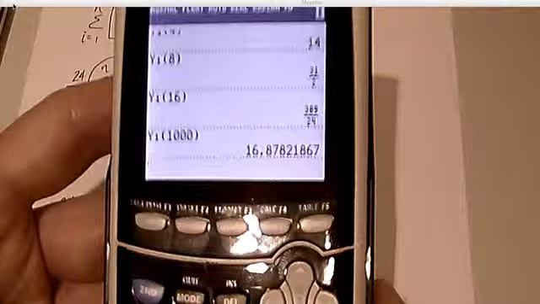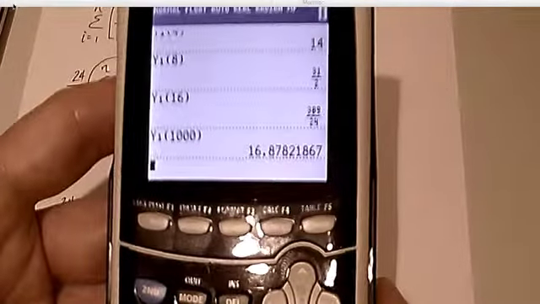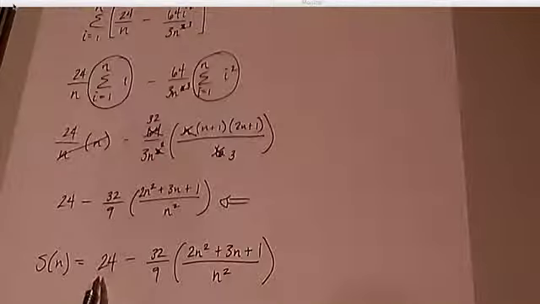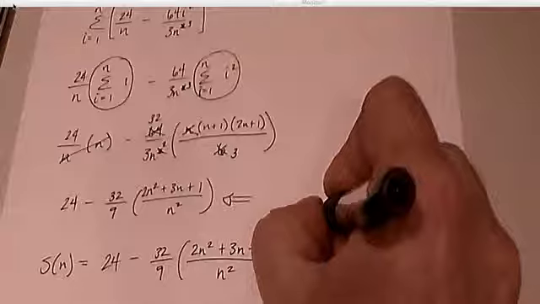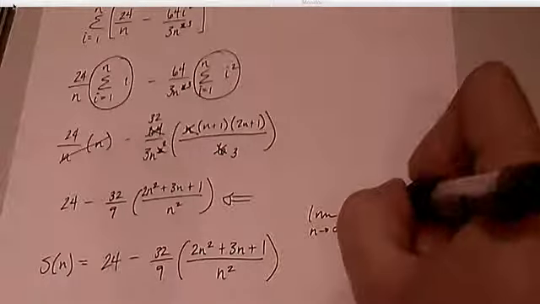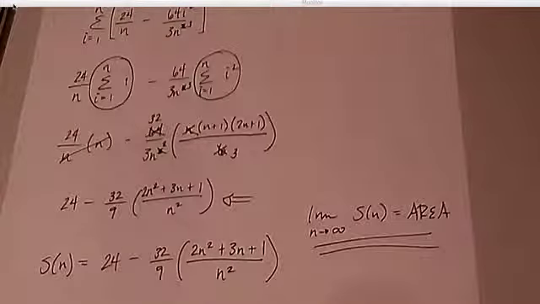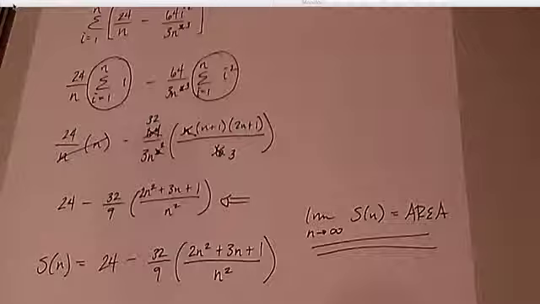Well, when I get it to 1,000 subintervals, I'm getting really, really close to the actual value. And if you remember correctly, what we did with this s sub n is we then took the limit as n approaches infinity of s sub n, and we got not an approximate area, but the actual area. And in the next video, we will explore a couple of examples of that.